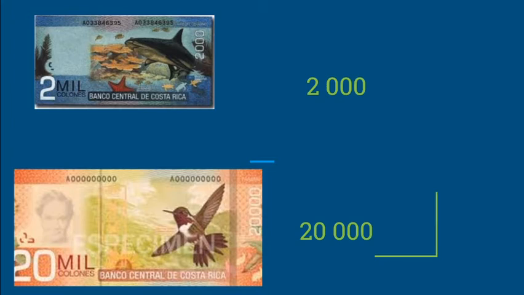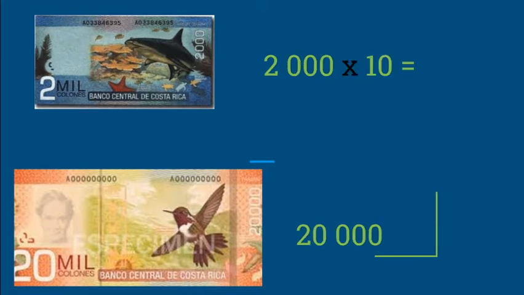We have the 2,000, which has 3 zeros, and the 20,000, which has 4 zeros. Okay, so they're very different. How do we get 20,000 colones from 2,000? Well, we would multiply by a factor of 10. 2,000 times 10 gives us 20,000. Okay, we are multiplying by a factor of 10.